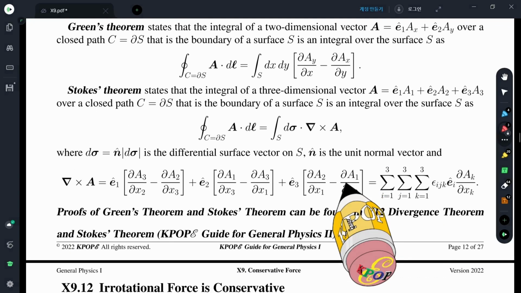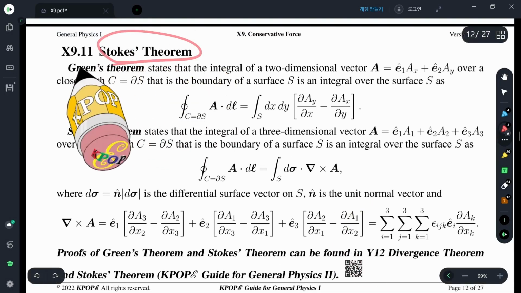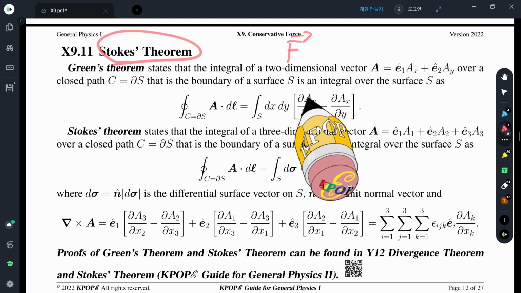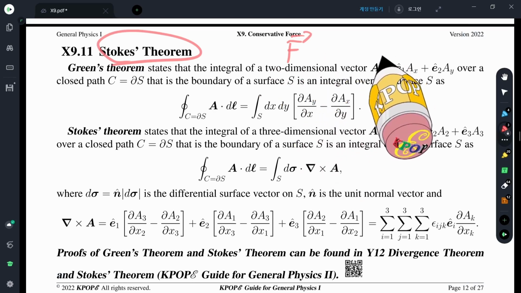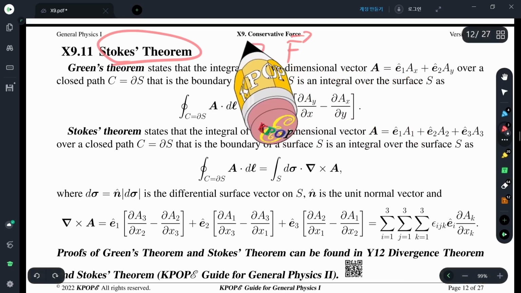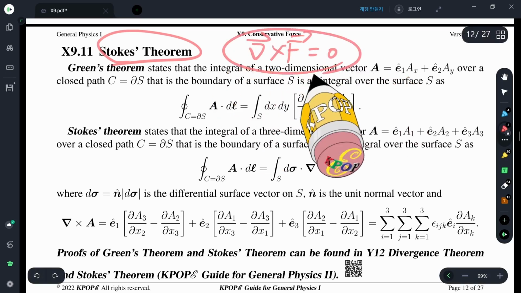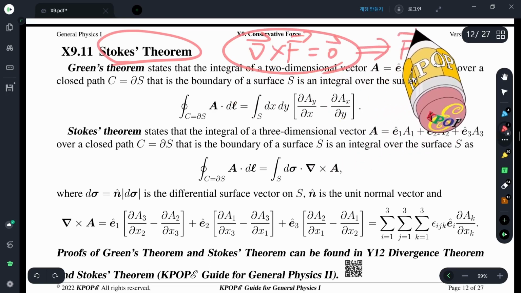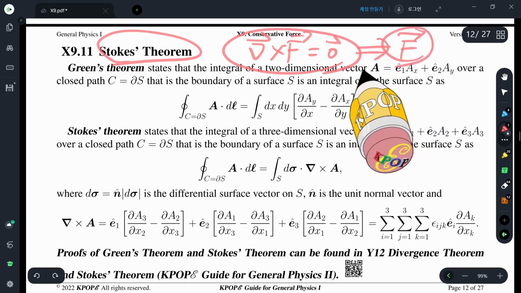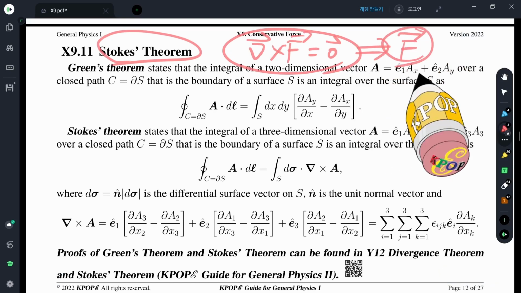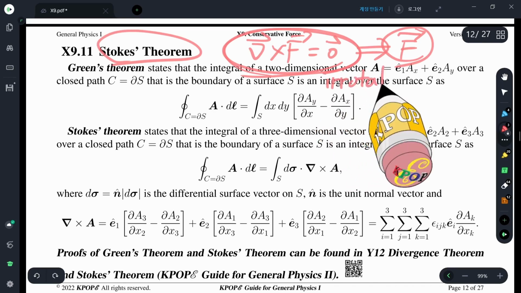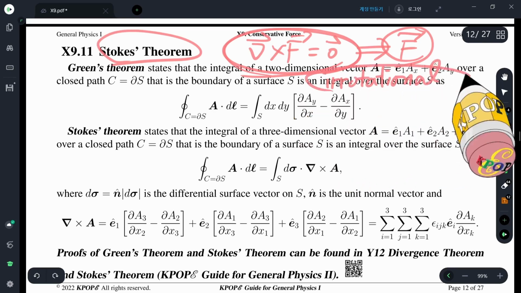A very interesting theorem called the Stokes theorem states that once you know the force, you don't have to find out the potential, just compute the curl. If the curl is vanishing, then you can say, oh, the work done by this force is independent of path. This one we say is irrotational.